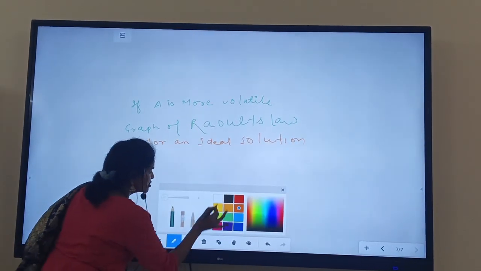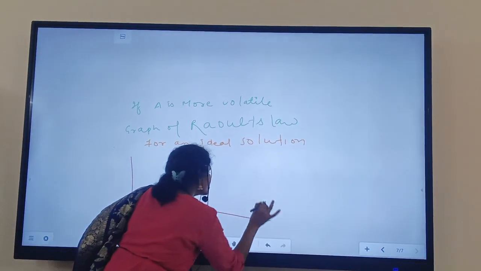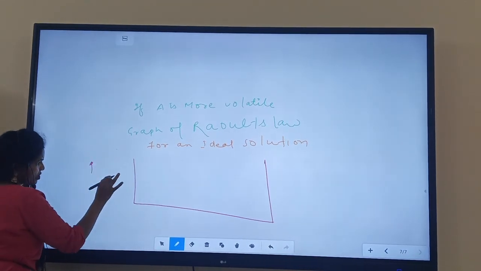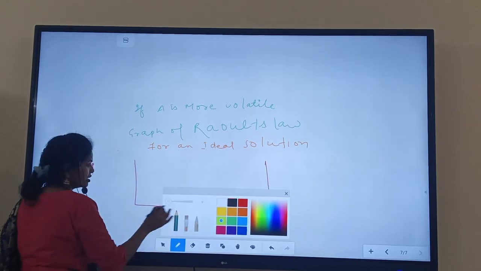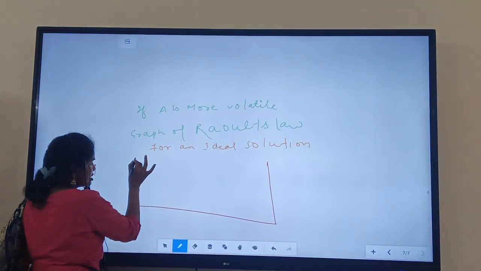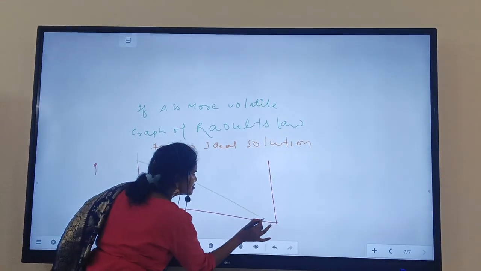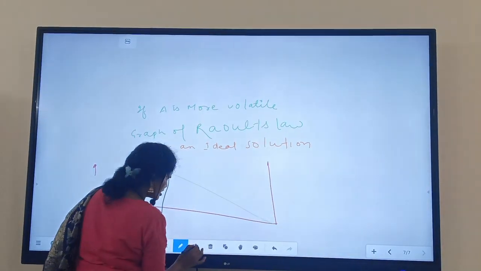What happened with this graph? We will show the graph here, with pressure. When A is more volatile, its vapor pressure is higher than B.